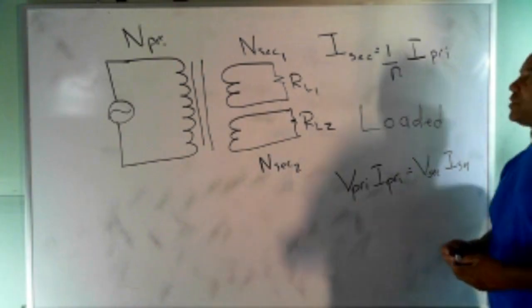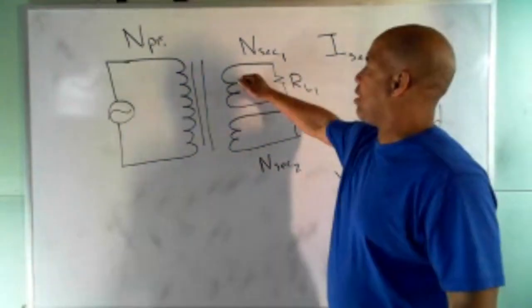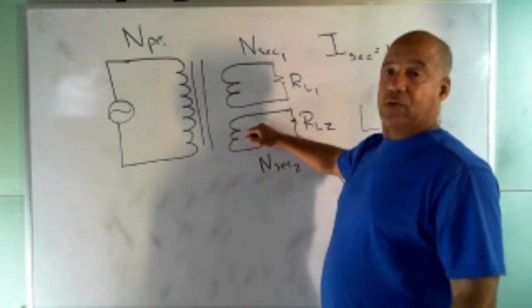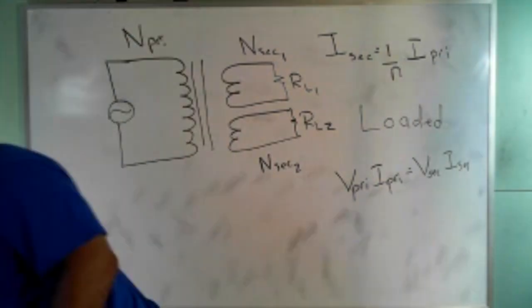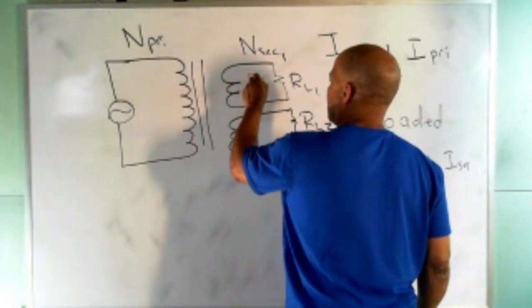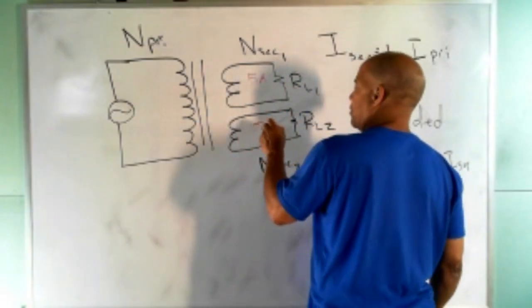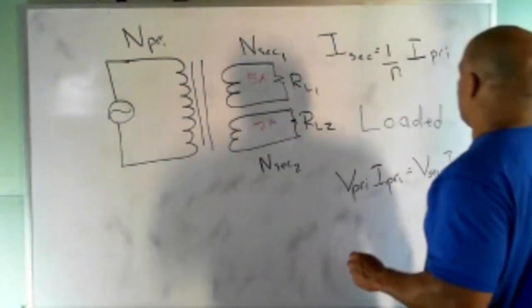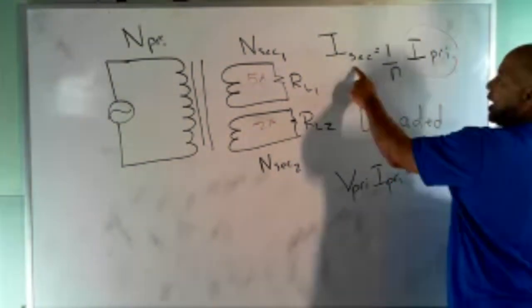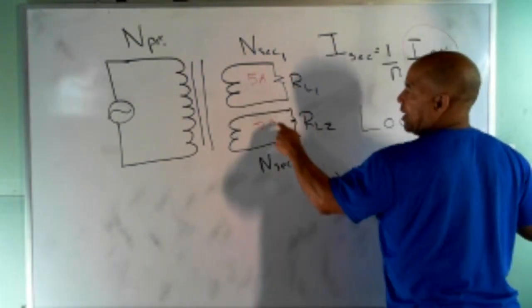A lot of students think, let's say you find the current in this coil and the current in this coil. Let's just make some numbers up. Let's say over here I have 5 amps, and over here I have 2 amps. Then you want to use that to solve for I sec, so you might say I have 7 amps on the secondary.